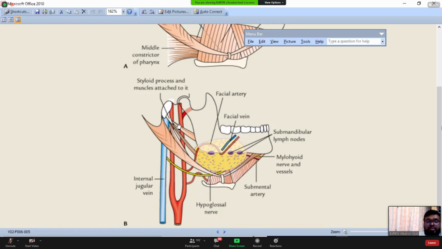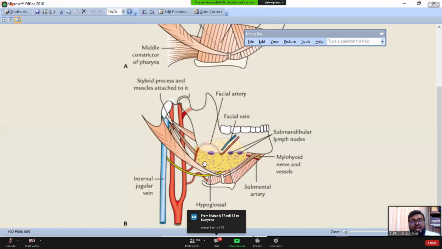This is the styloid process, the stylopharyngeus and stylohyoid muscles, and the branches of the external carotid artery, and you can see the nerves are here also. So these things pass between the external and internal carotid arteries in the posterior part of the digastric triangle.